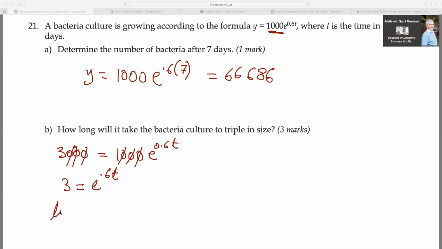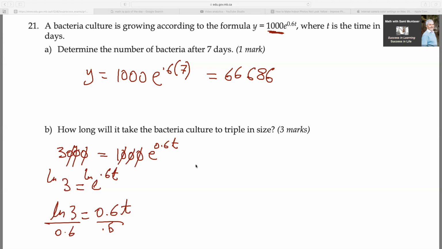Now I'm going to ln both sides. So ln 3 equals 0.6t ln e. Even though I'm lning both sides here, ln e is 1, so I'm just not going to write it. Now divide both sides by 0.6. And we have ln 3 divided by 0.6 equals.